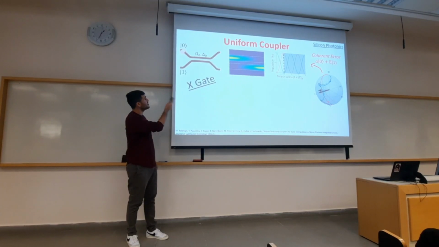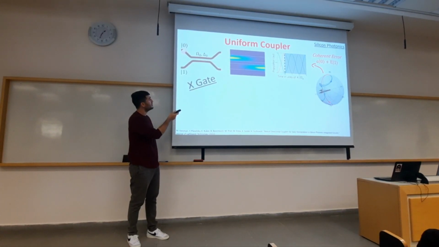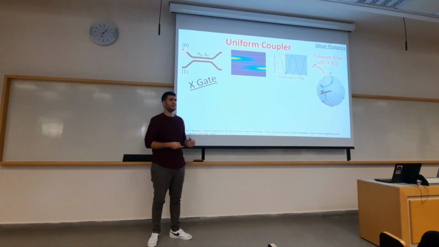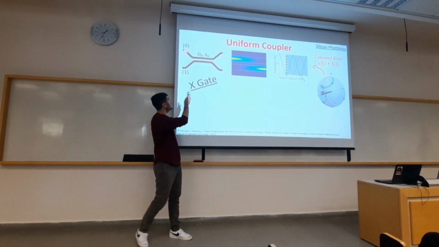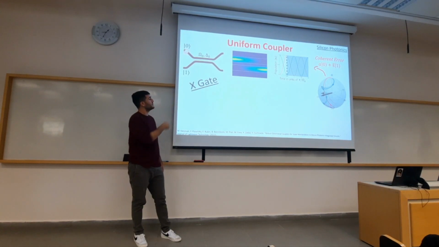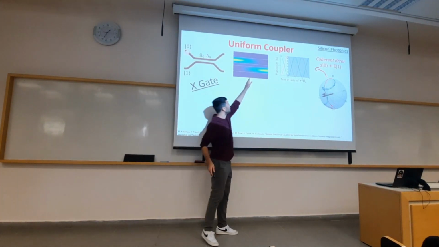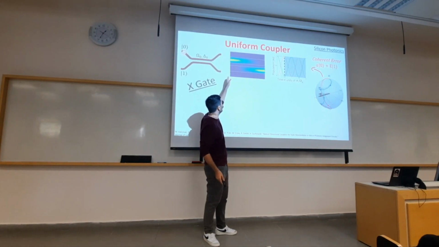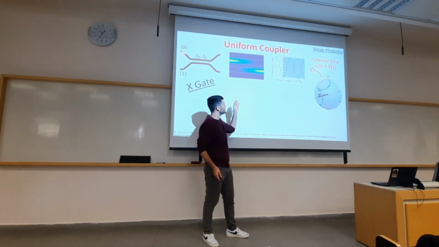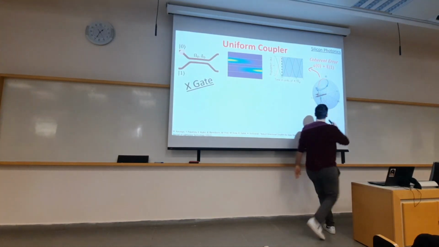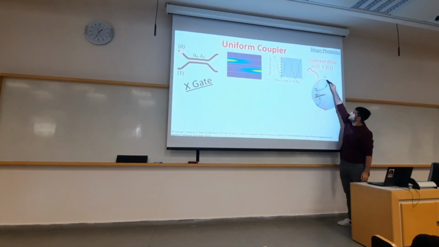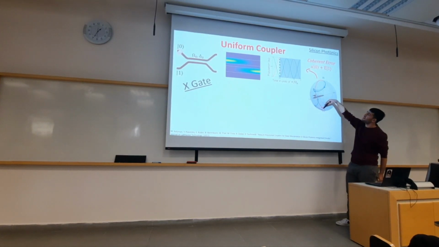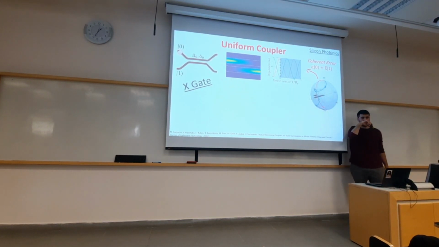Once we couple these two rails together, the photon will start to change population. It will be in a superposition which depends on the geometry of the coupler. In the middle here it will be a 50-50 population, and we can make an X gate to flip the population from 1 to 0 or 0 to 1. We can start at the 0, and we go through 0 plus 1 till we finish exactly at 1.